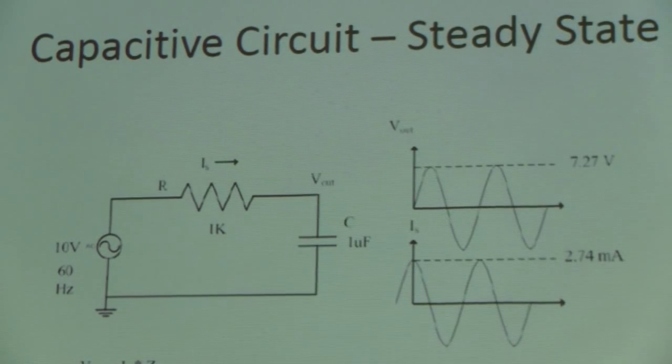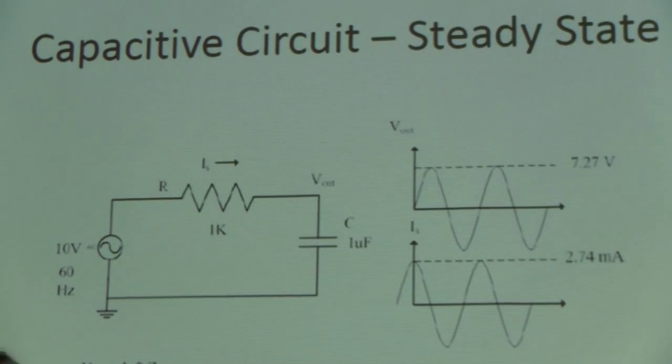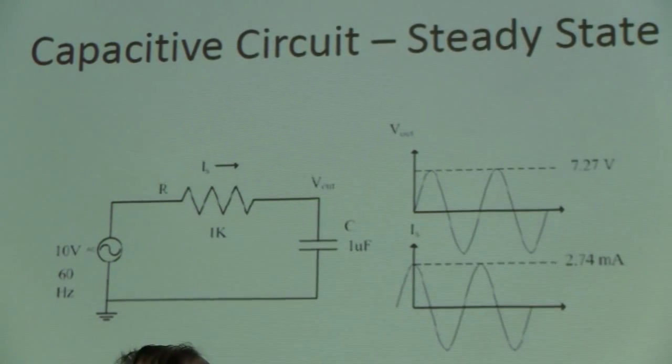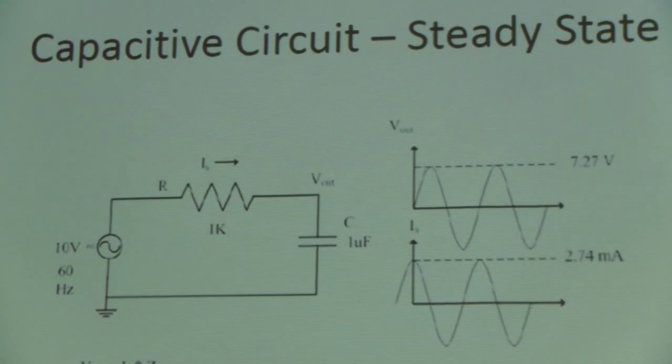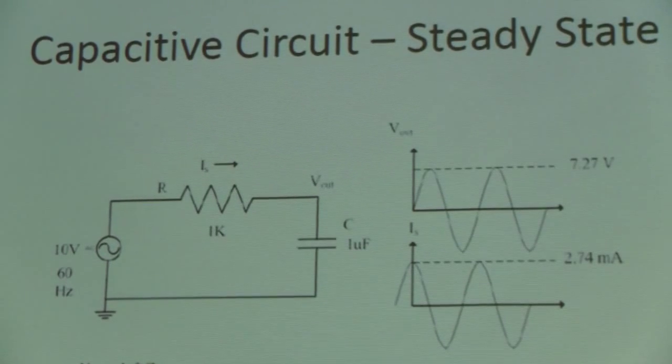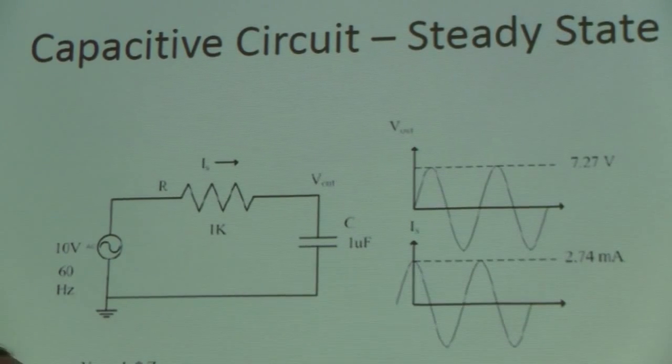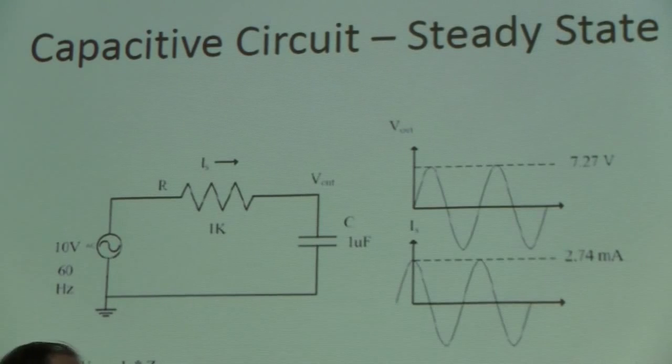So if I forget about phase, I take the magnitude. I can now treat this capacitor at a certain frequency as a resistor, 2600 ohms basically. And all I did was use this magic equation, which is the impedance of a capacitor, which is minus 1 over j omega c. So at 60 hertz, it ends up being 2600 ohms.